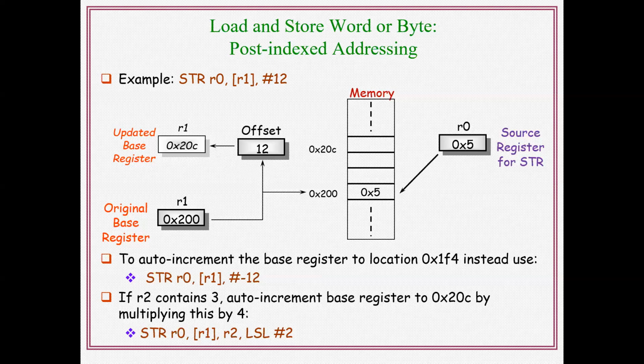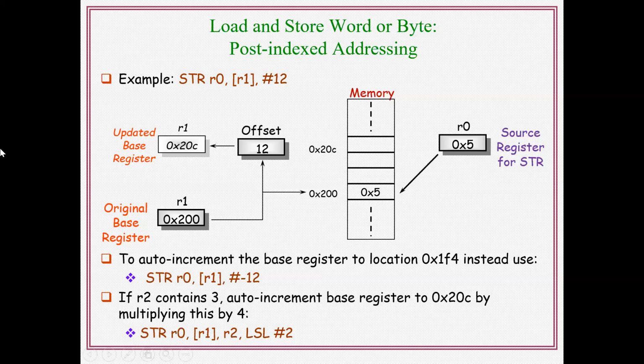Here, to auto increment the base register to location 0x1F4, instead of using plus 12, we can use minus 12. So that indicates that the first note point is it will support minus also. The second one is, if R2 contains 3, auto increment the base register to 0x200C by multiplying this by 4, same as the previous one.